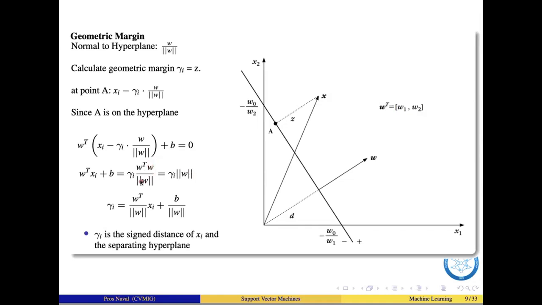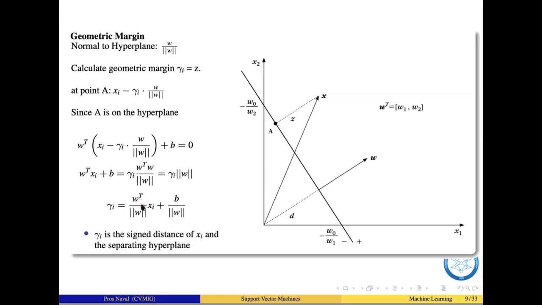The norm squared divided by the norm just gives us the norm itself. So we have the following. So this is gamma I norm of W is equal to this. Therefore, gamma I is just this whole thing divided by the norm, which is now this.